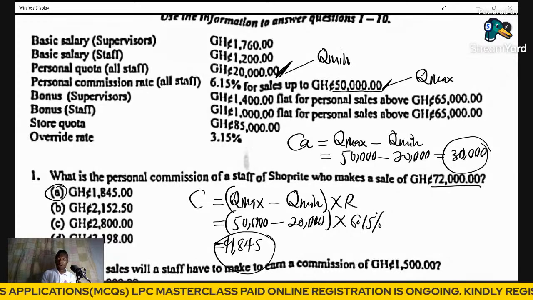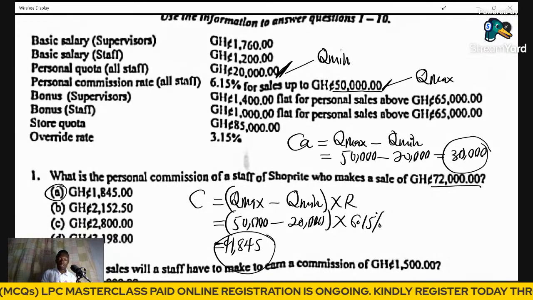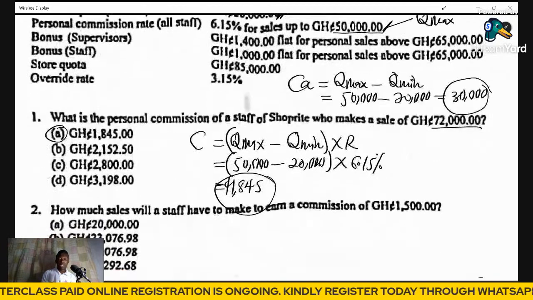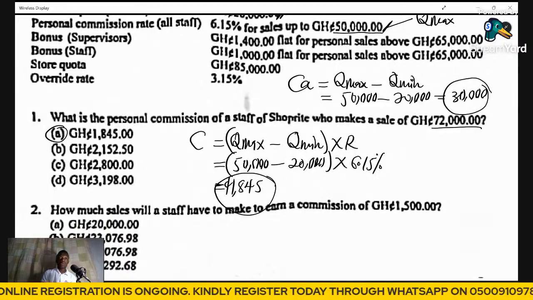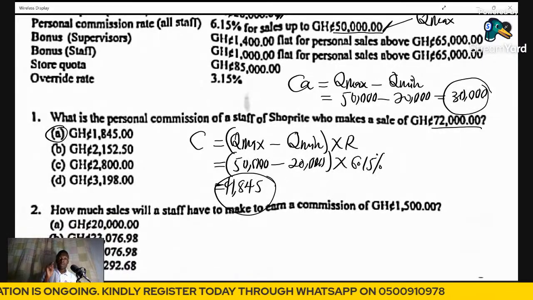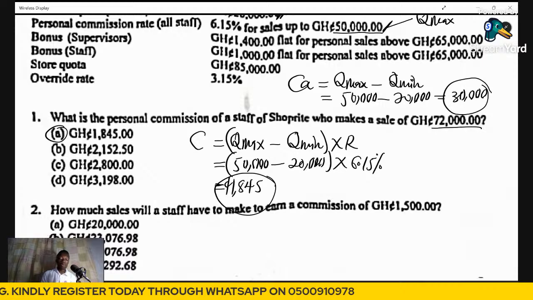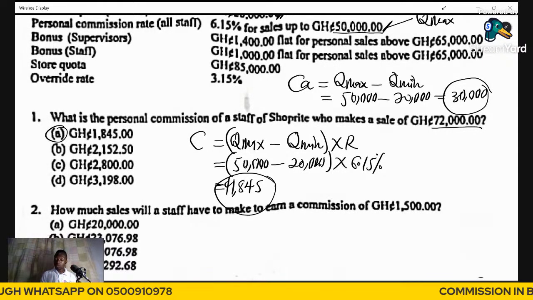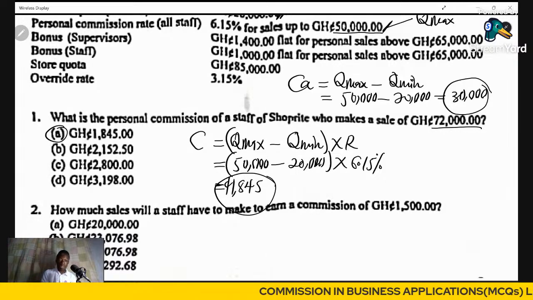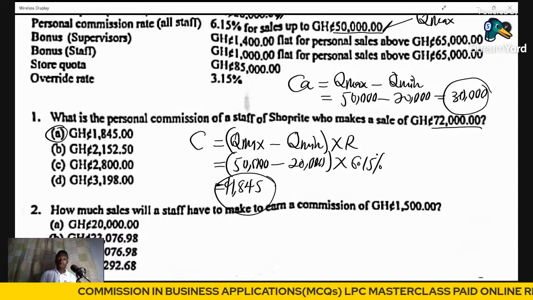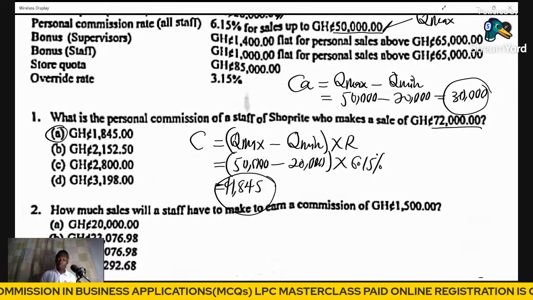But where your sales is less than the maximum quota, then to get your commission, you compare the minimum quota against your level of sales. So since we have 1,500 here, it should inform us that the sale of this staff is less than the maximum quota. I believe that is clear.